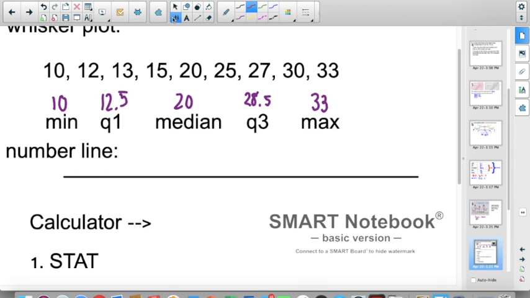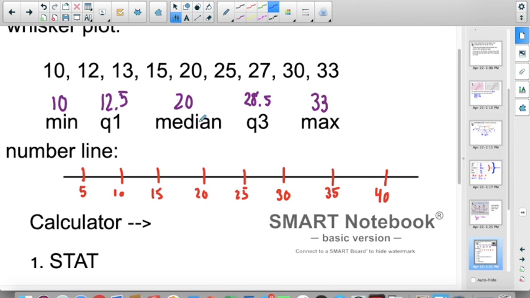I just noticed that, so try this again. 5, 10, 15, 20, 25, 30, 35, 40, and this is good. Make sure you label your number line. So there's our number line.